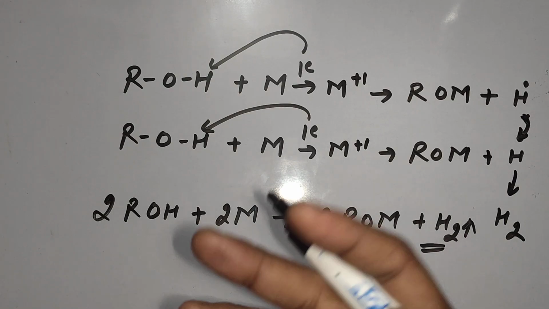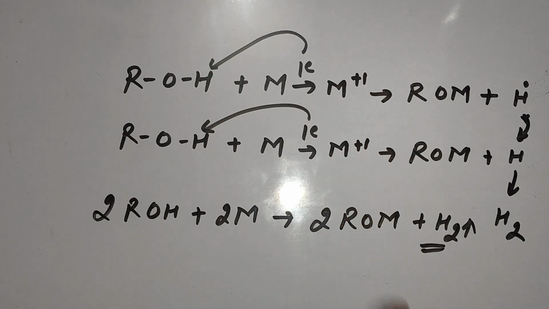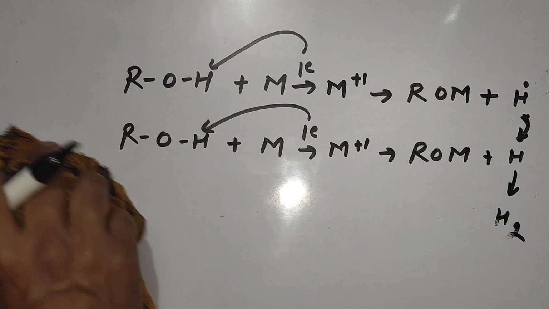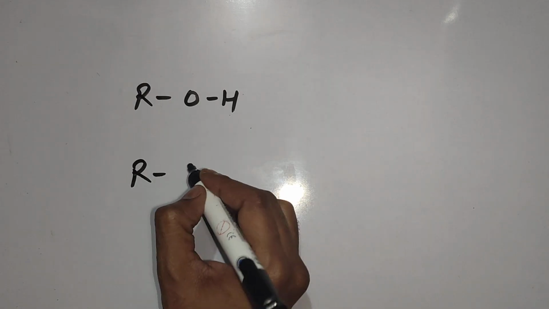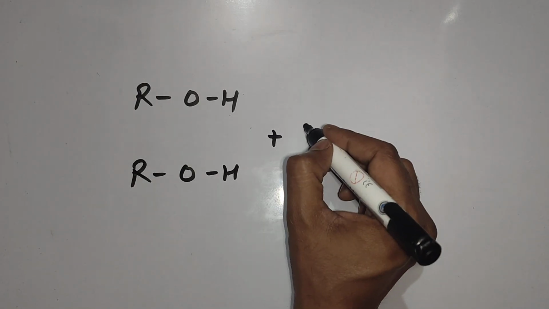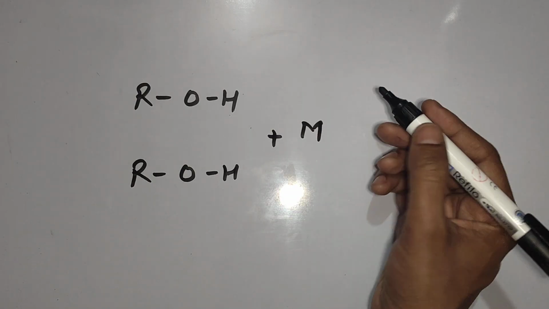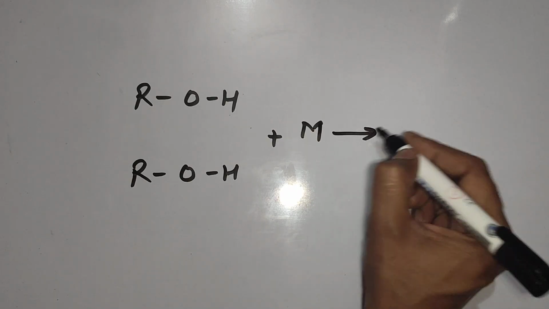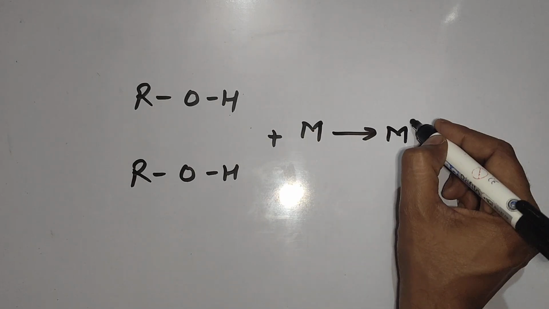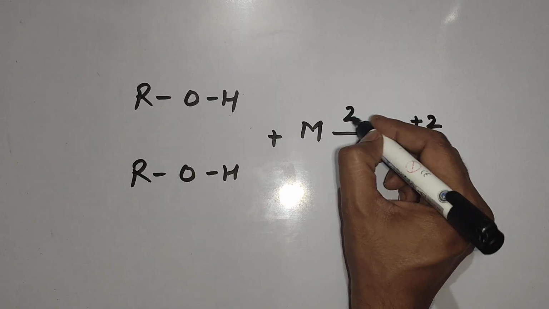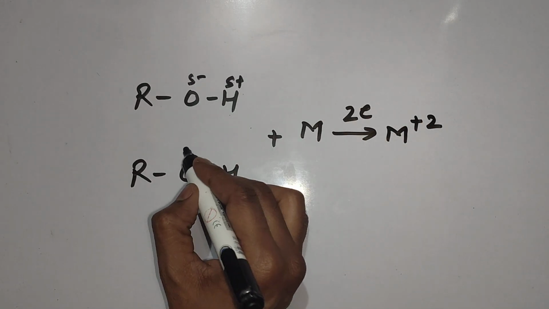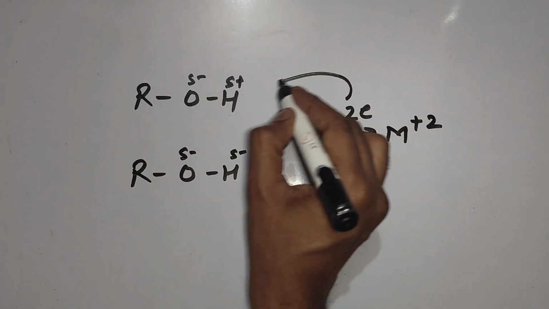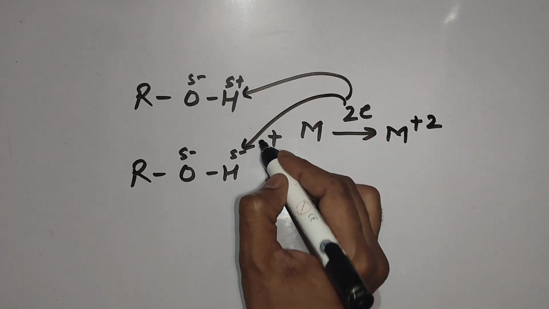But metals which are losing two electrons, only one metal atom is enough for the reaction. For example, two ROH molecules, and suppose we are dealing with metal who can lose two electrons like magnesium, calcium. After loss of two electron, plus 2 charge will develop. Out of 2 electron, 1 electron will go toward this hydrogen and 1 electron will go toward this hydrogen.